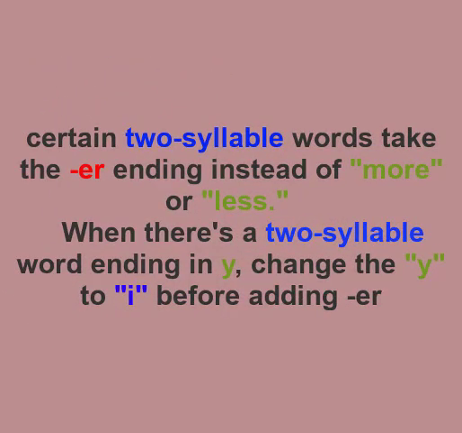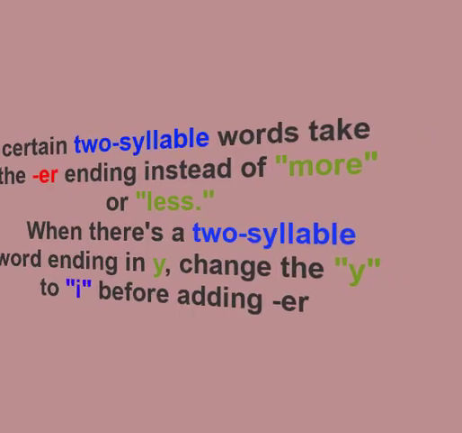Certain two-syllable words take the er ending instead of more or less. When there is a two-syllable word ending in y, change the y to i before adding er.